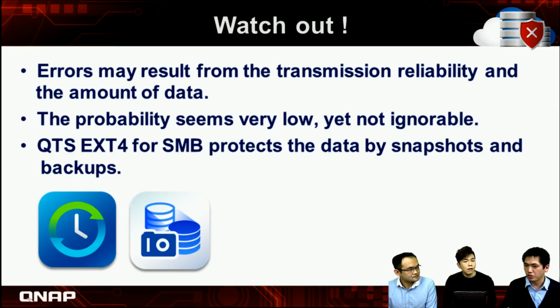But as Billy said, compared with the NIC card and the memory, for all drives, including the commercial drive or the enterprise drive, the error probability is quite low. But it's low enough, yet you cannot ignore it.